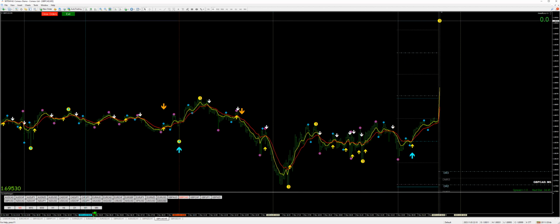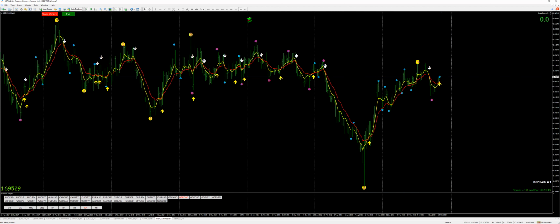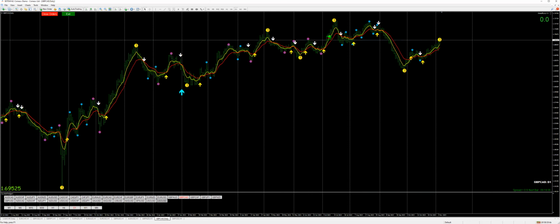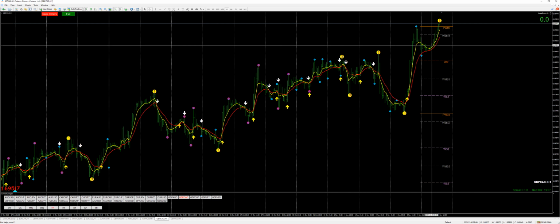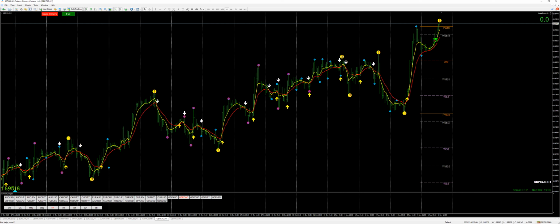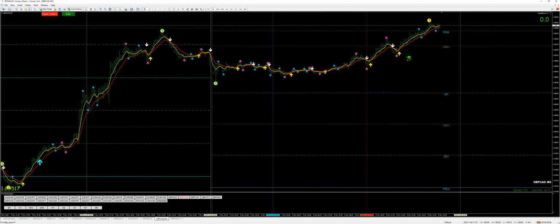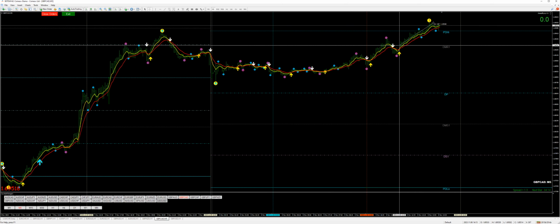Okay, pound CAD. I hope you're getting the idea of how to find your trades. This is just going long. Let's take a look at the daily. Daily is long. So the H1 trade was somewhere in here, 52 pips. This is not an ideal trade. So you may want to drop it down to the 5 and take an entry there, which would be right here.